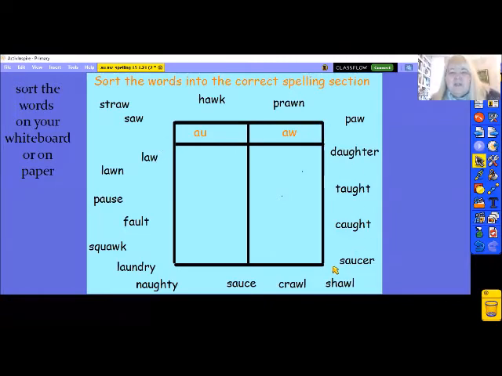Looking at all these other words, have another go now at sorting these words into these groups, the AU or the AW. Stop the video and make yourself a little chart and then try and sort these words, thinking about the meanings of the words. Daughter. What is a daughter? Do you remember we've done this before? Definitions explain what the word means, and you'll be doing some definitions later.